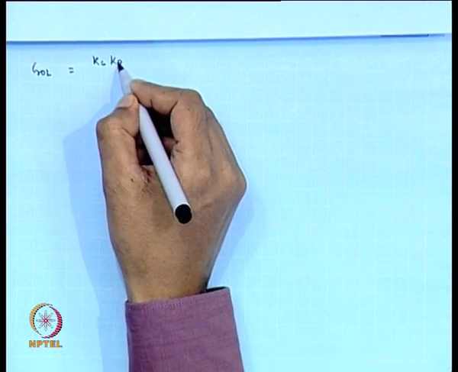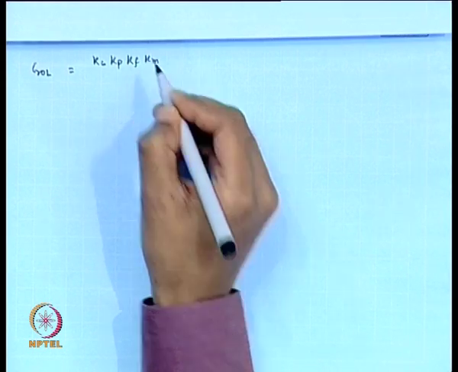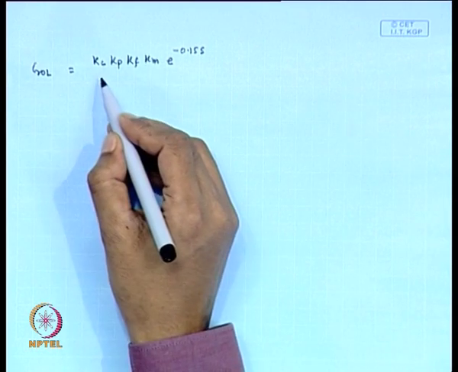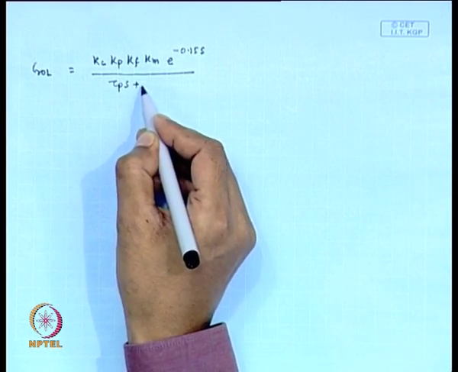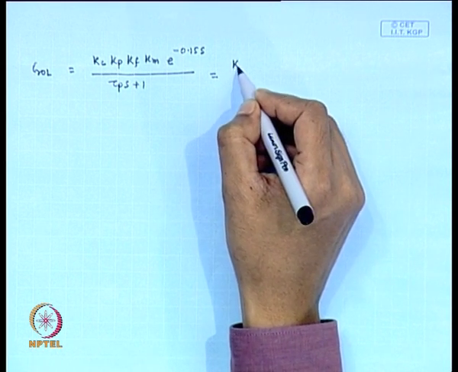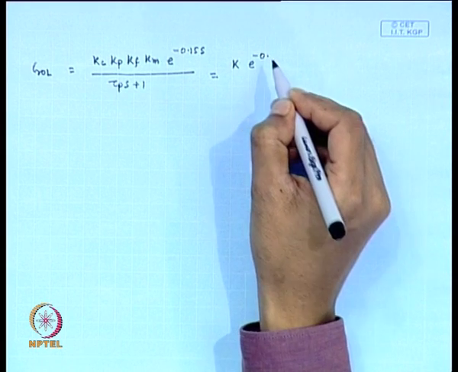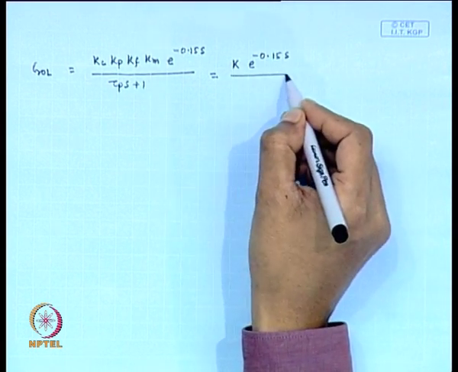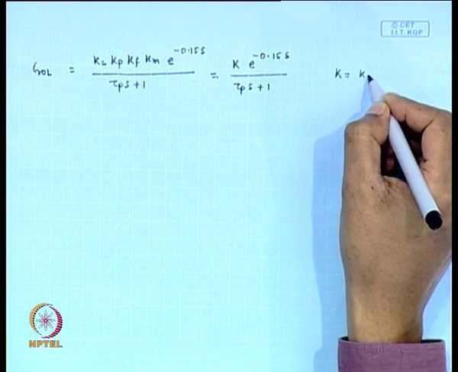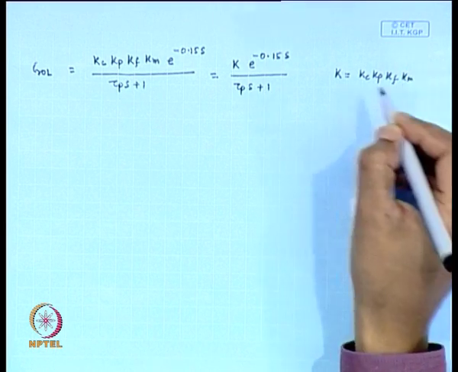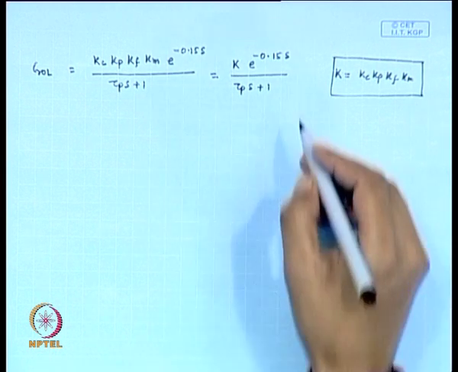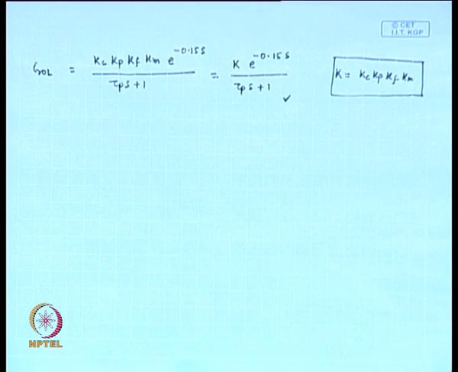Kc, Kp, Kf, Km exponential minus 0.15 s divided by tau P s plus 1. This we can rewrite as K exponential of minus 0.15 s divided by tau P s plus 1, where K is Kc, Kp, Kf, Km. Fine. So, this is overall the transfer function of a first order plus dead time system.